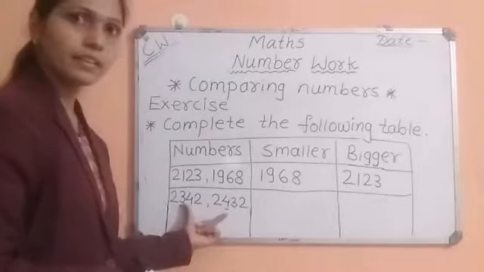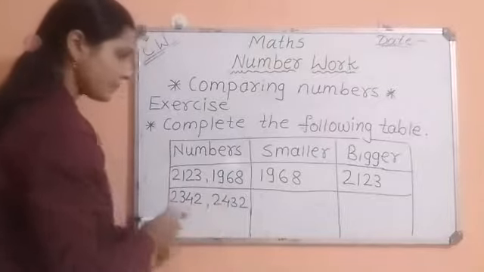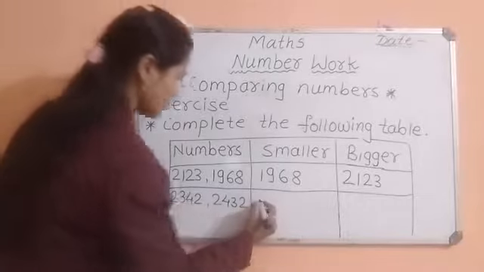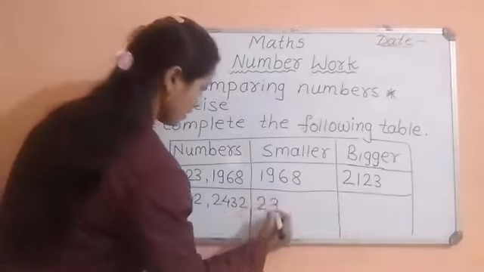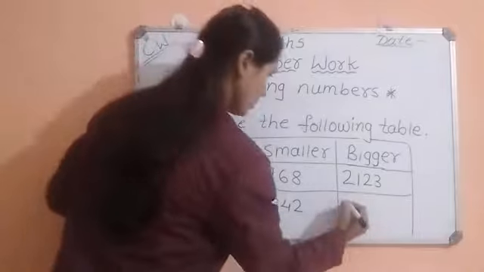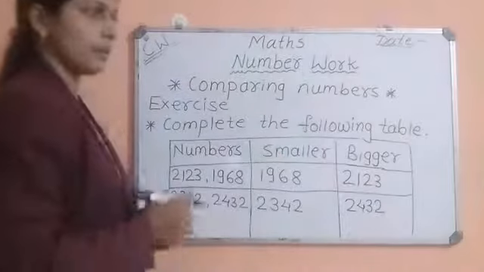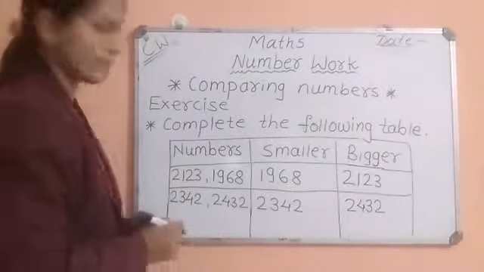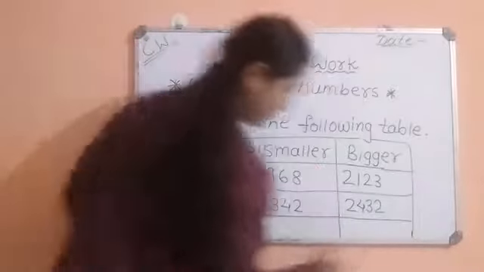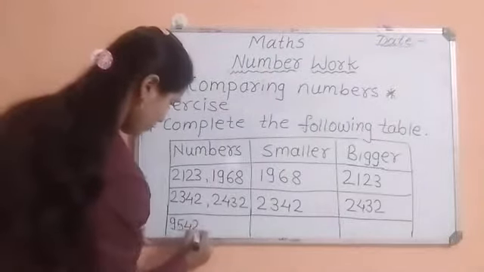First or second? Yes, the second number has greater 100. That's why it is the bigger number, and this one is the smaller. So here write 2342 is the smaller number and 2432 is the bigger number. Okay, then the third example we will solve here.